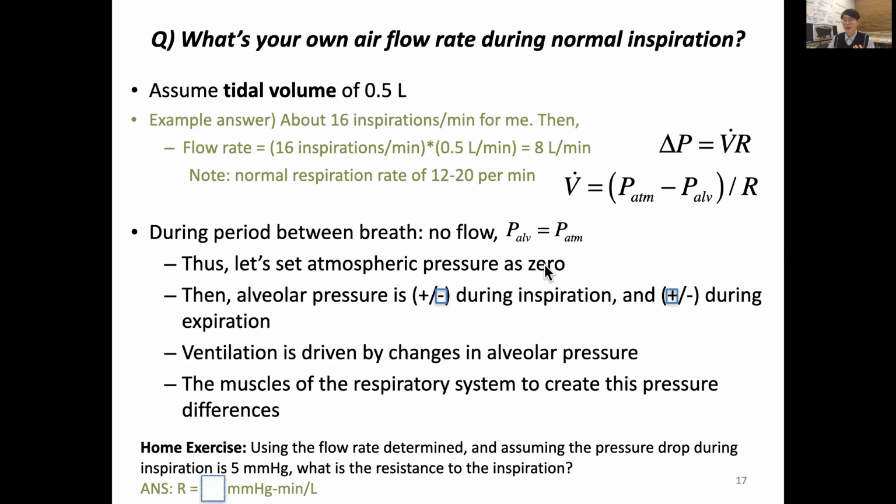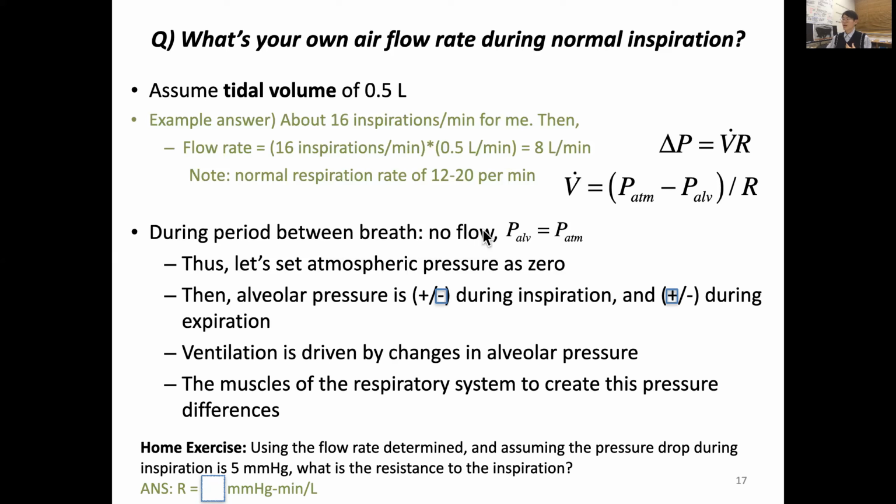So in a nutshell, ventilation is driven by these changes of alveolar pressure, and that pressure originates from the muscles of our respiratory system in our chest, which create these pressure differences.